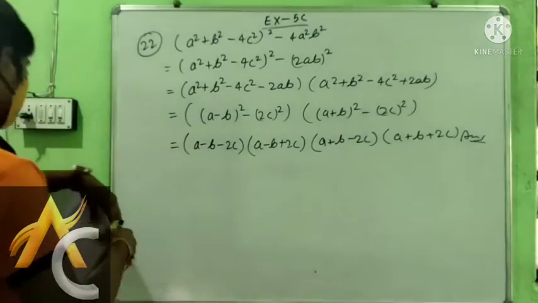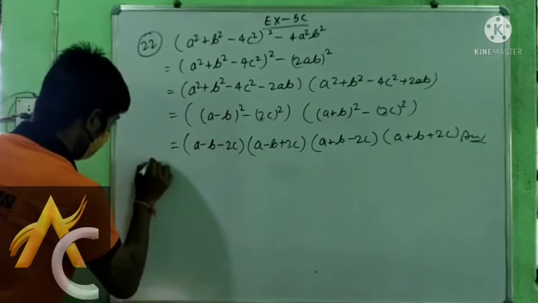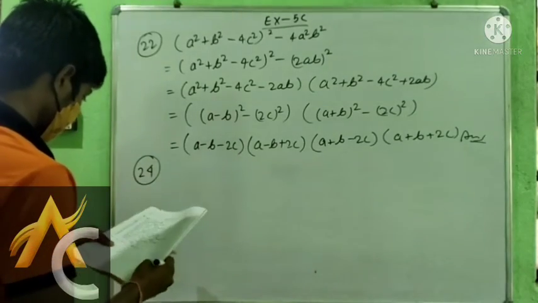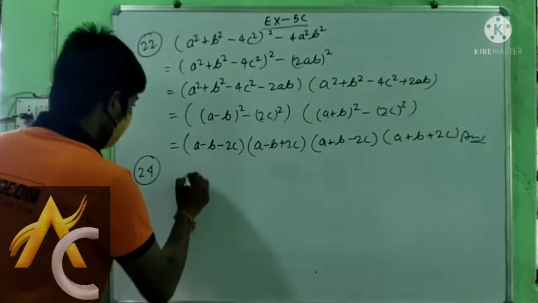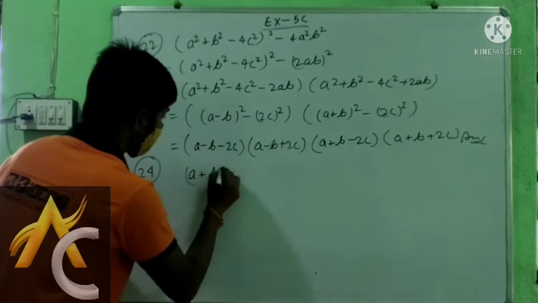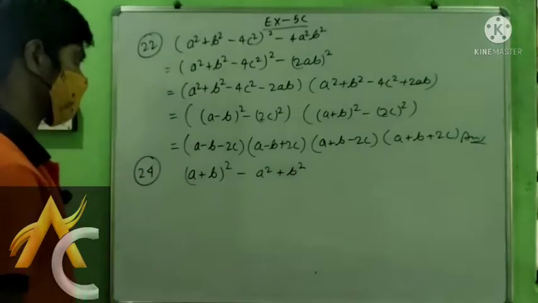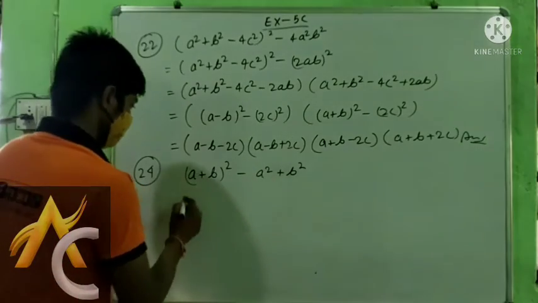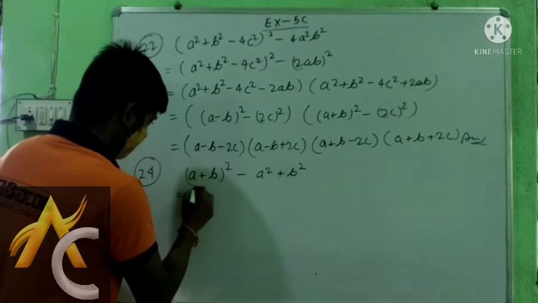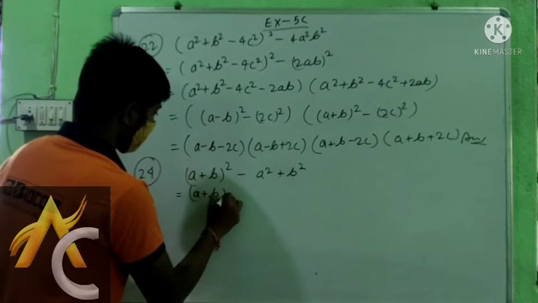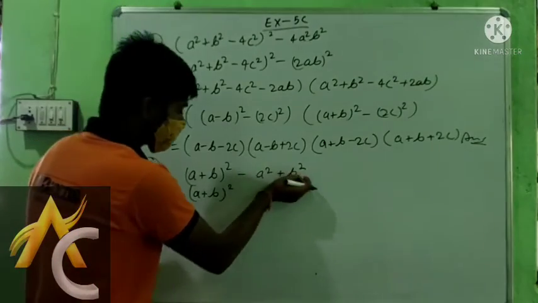Now question number 24. Question number 24 is a plus b whole square minus a square plus b square. Now just look at here. This will be a plus b whole square, and here it is in the form of b square.